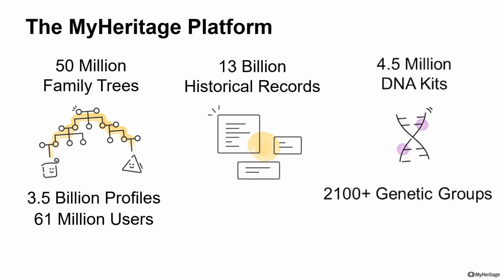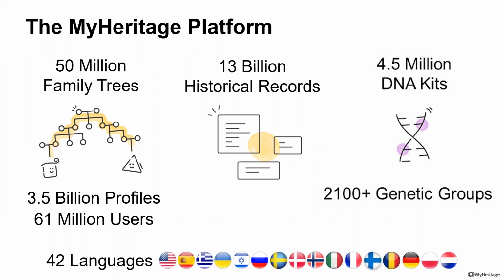We have 4.5 million DNA kits, all of them getting matches between themselves. They are also assigned to many of the 2,100 genetic groups that MyHeritage has. All this available in 42 languages, so people from all over the world are using MyHeritage. I'm pretty sure by now those numbers were increased significantly.